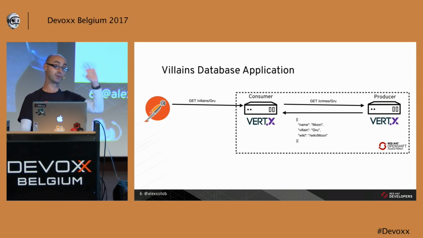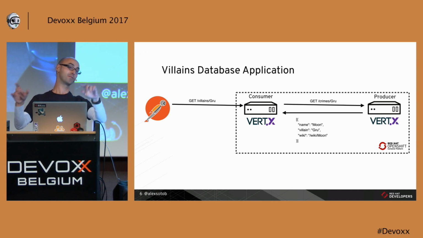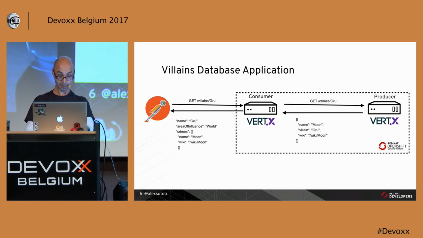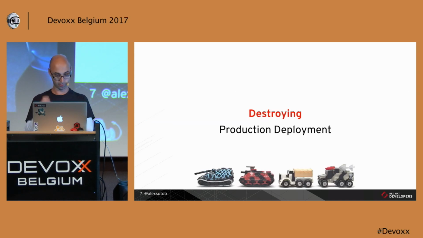This will return a JSON document, which is an array of all the crimes, which in this case is the moon, the name of the beeline, and also the wiki page, where you can see information of what they want to steal. And finally, the consumer is going to get the information from Gru, like the area of influence. It's going to take all its own crimes, zip them, and generate a JSON document with all this information. It's a simple example, but I think it's easy to follow.